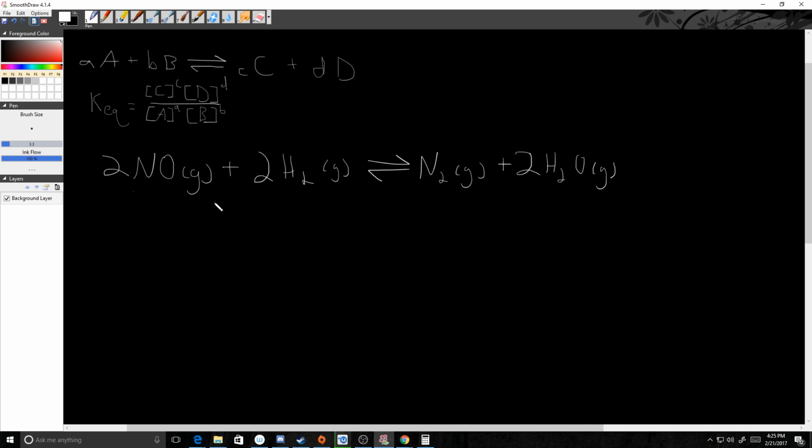So if I want to make this equation look like this here, I'm still going to say KEQ. The big thing is we're taking the concentrations of the products, dividing by the concentration of the reactants.